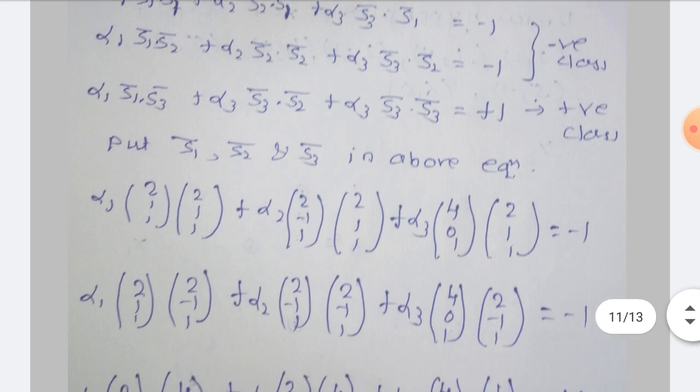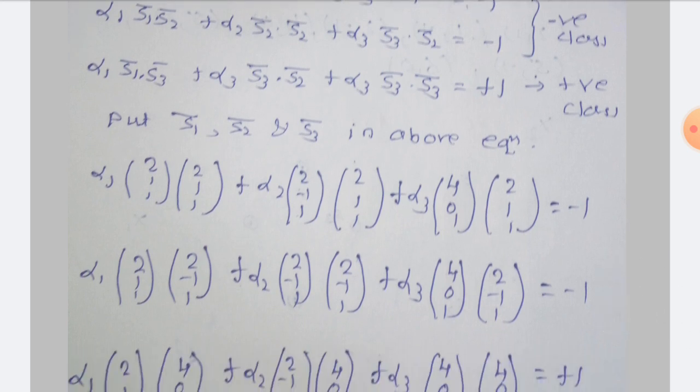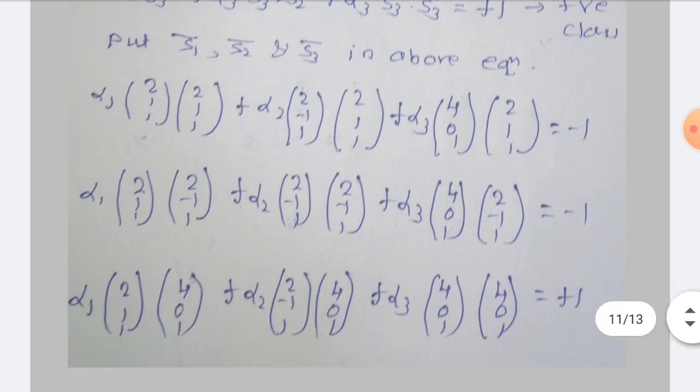Similarly, write down the second and third equations by putting the values of S1 bar, S2 bar and S3 bar. So we are getting this kind of three equations. Now we have to solve these equations.